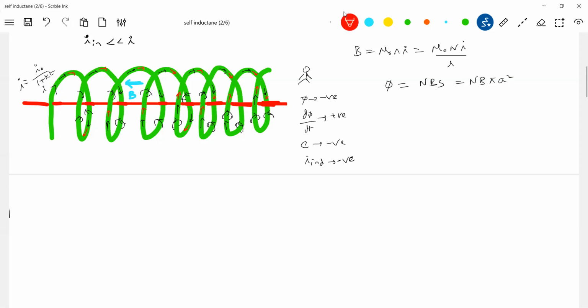Now look at the same coil. Earlier when the current was increasing, it was opposing and would try to decrease it. Now current is decreasing, so this induced current will try to increase it. So altogether, what is the property of the coil? It is opposing the varying current.